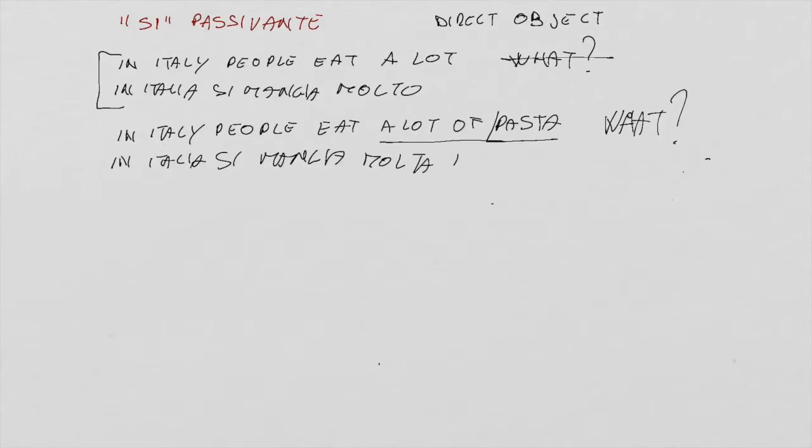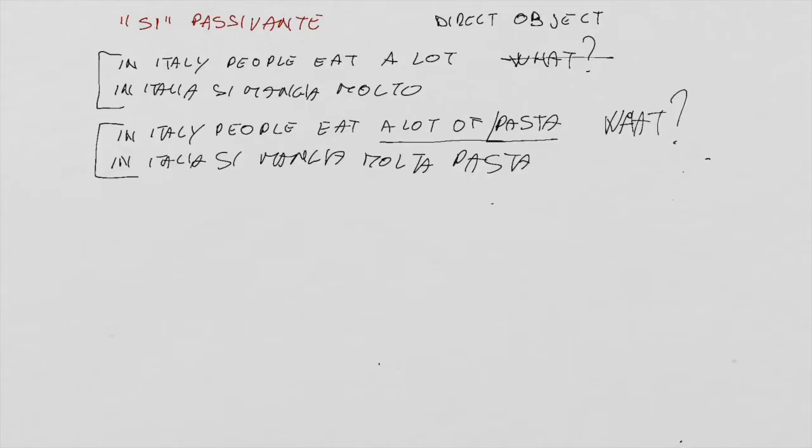As you can see, there's not a difference between one construction and the other, the construction with the si impersonale and the construction with the si passivante. For both of them, you use si plus the third singular person of the verb. So you could ask me why I have to learn the difference between one si and the other if they work exactly in the same way.